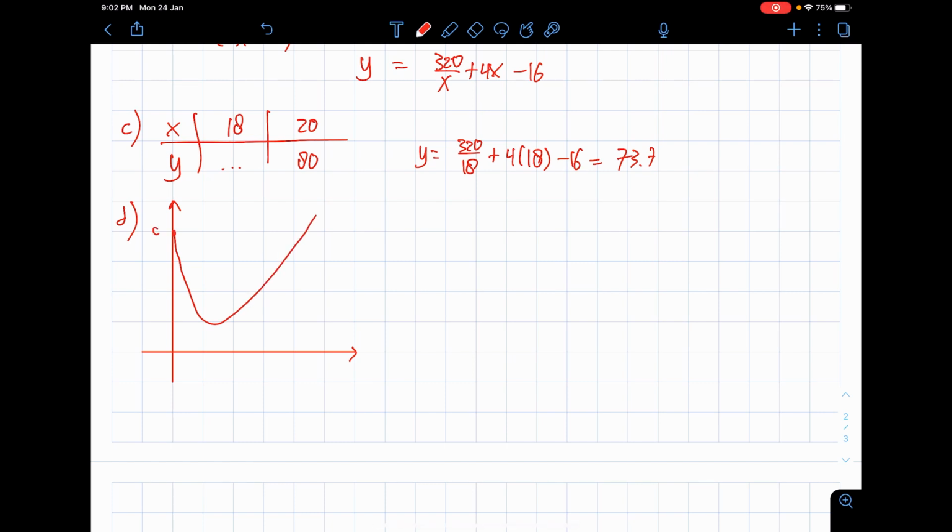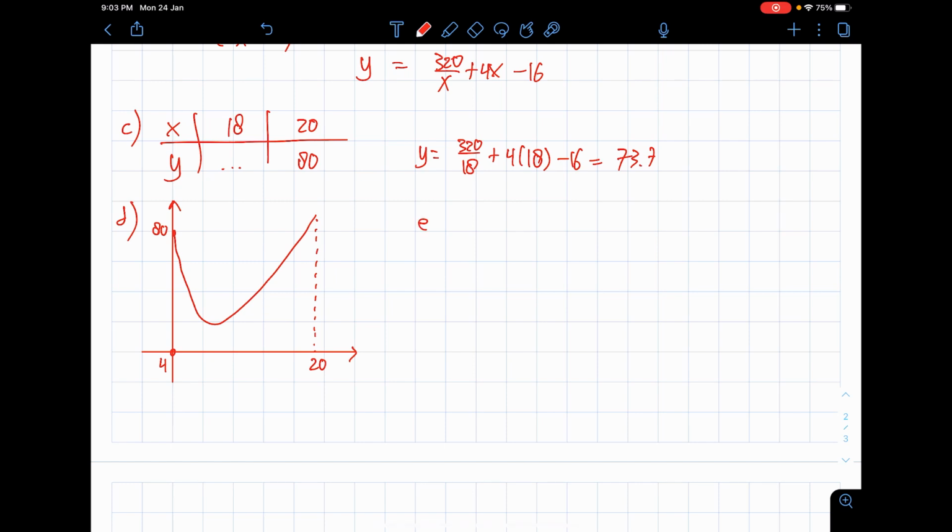The intersection here is at 80. You have the table in the paper, so the drawing should be quite easy. The drawing here is from x equals 4, so I put the 4 here, until x equals 20. Let's just say that 20 is over there.